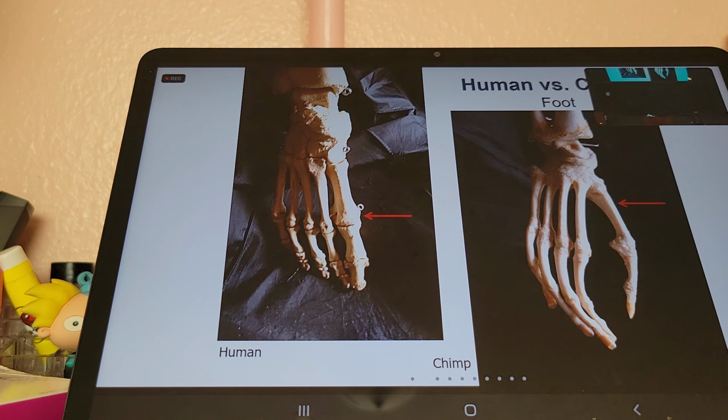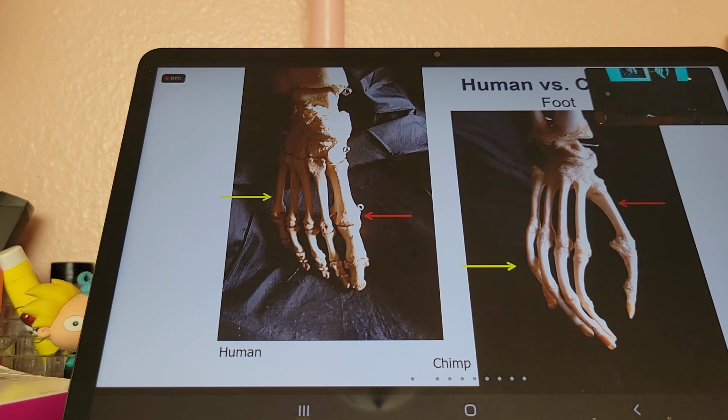We use that as push-off. When we walk, you do heel strike, roll across, toe off. And the toe off is what pushes you forward. Heel strike, toe off, heel strike, toe off. So having this really robust big toe gives us that propulsive forward movement. Chimps don't have that in the foot.